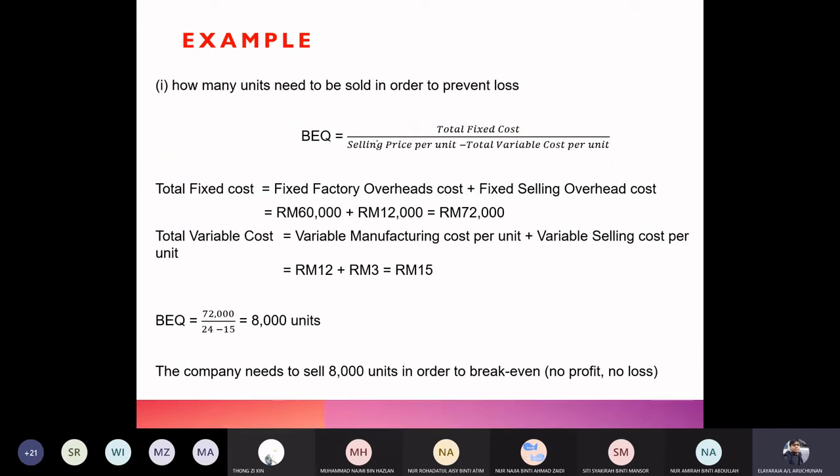Now you need to find the break-even quantity. The break-even quantity is the total fixed cost over the selling price per unit minus the total variable cost per unit. From the calculation above, the total fixed cost is 72,000.